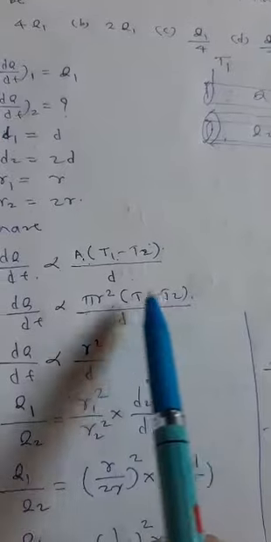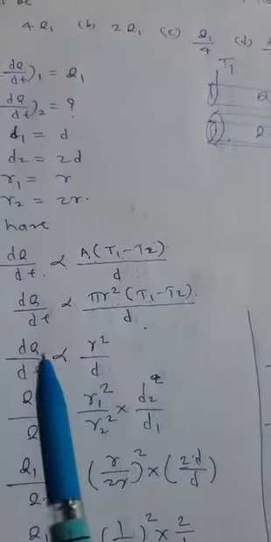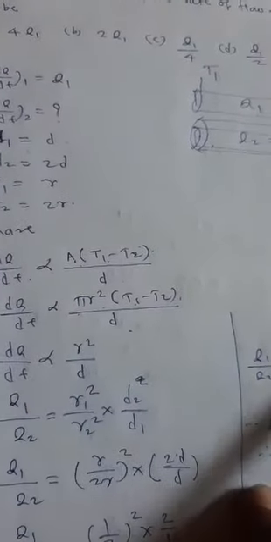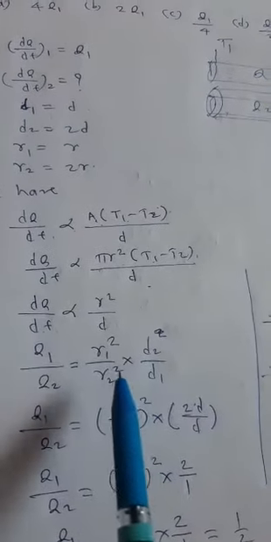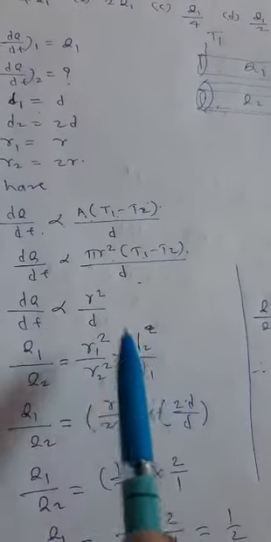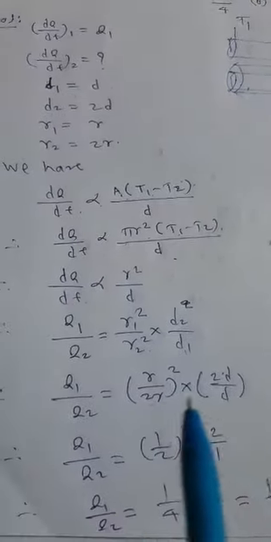Therefore, this quantity will be constant. We can write dQ by dt is directly proportional to r square by D. Therefore, Q1 by Q2 is equal to R1 square divided by R2 square into D2 divided by D1, because it is directly proportional to r square and inversely proportional to D.